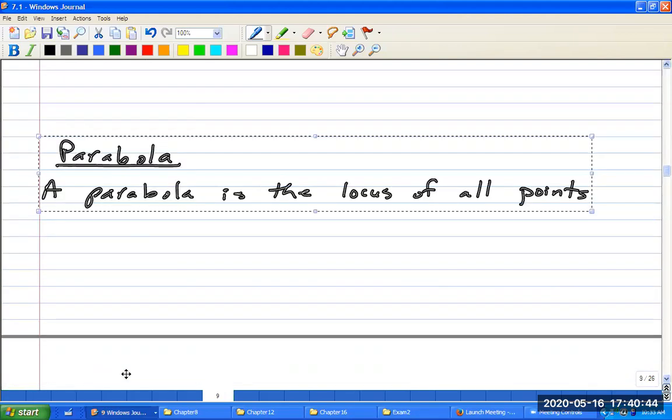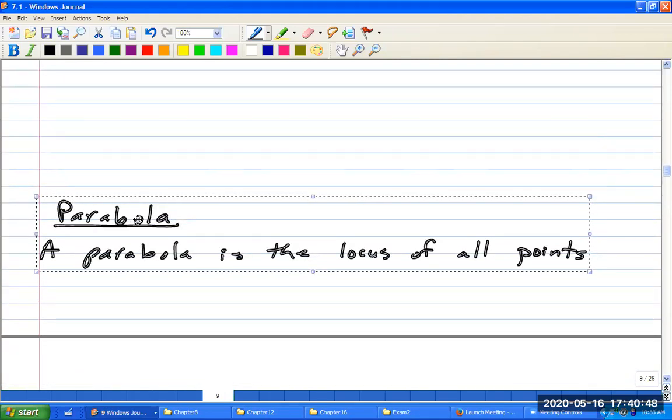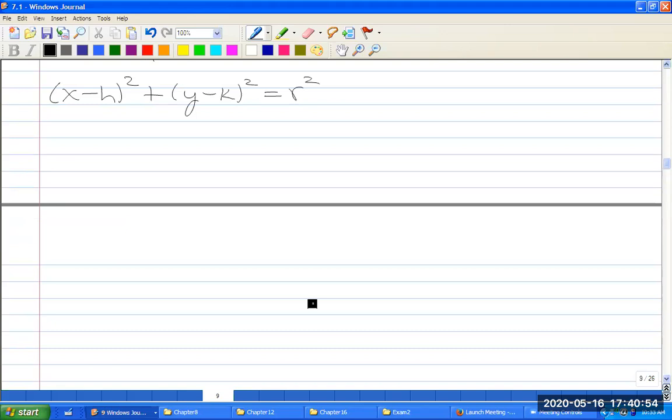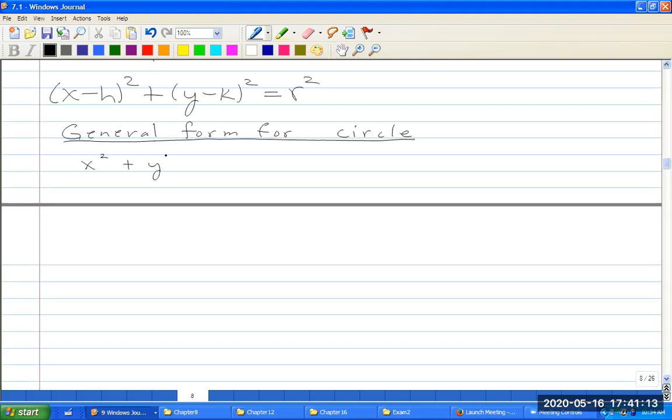So the general form for the equation of a circle is just x squared plus y squared plus ax plus by equaling c.